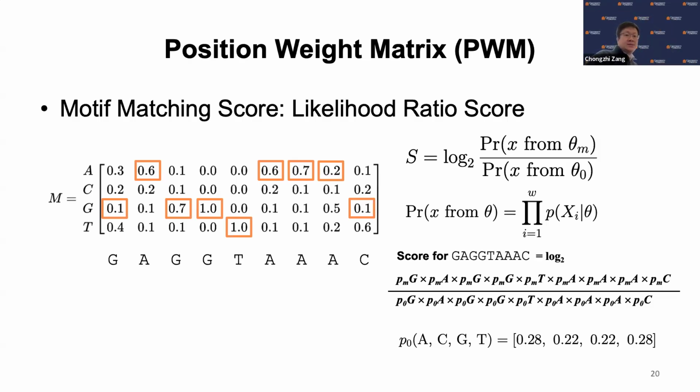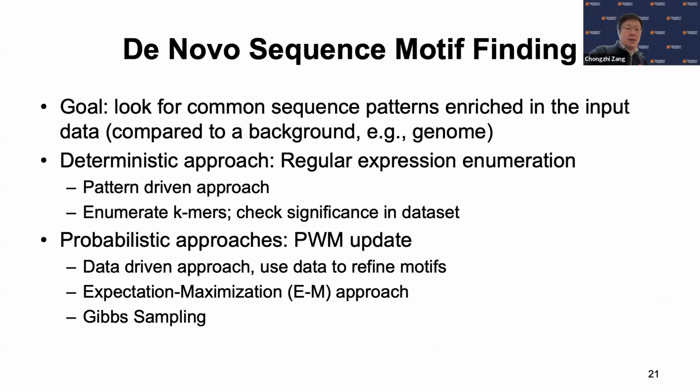Keep in mind that this likelihood ratio score, or motif matching score, will be used in the assignment, in the homework for today's lecture. And now let's take a look at how we should do motif scan, motif finding, the de novo sequence motif finding. So we still have the same problem setup.